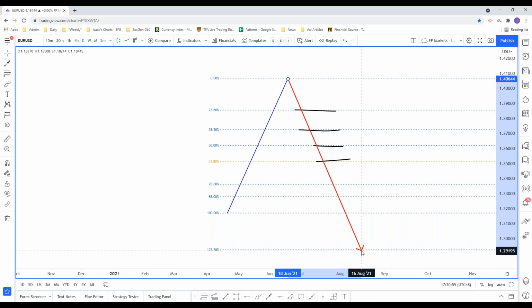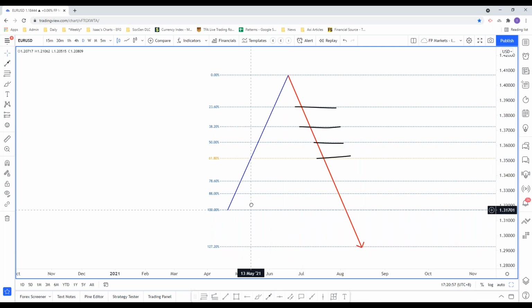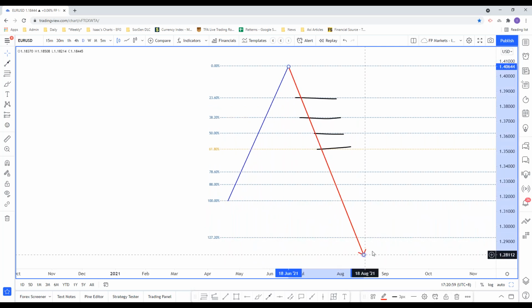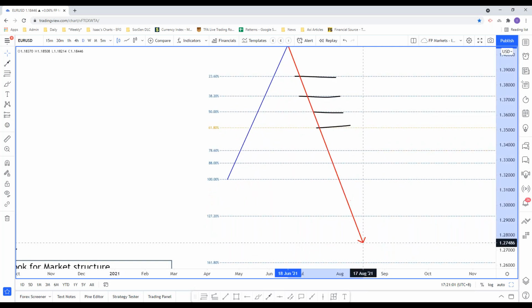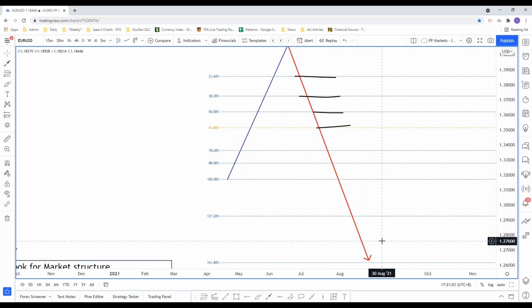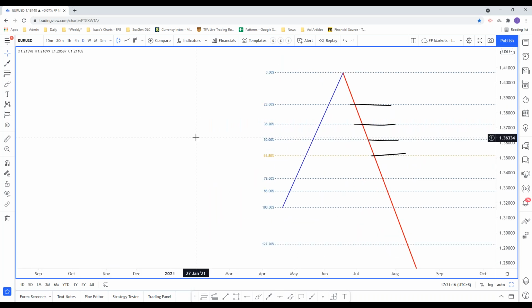When it reaches the 127.20 or even the 161.8, as you can see, this level here, we can safely say that price has overextended its retracement. So it has fallen into the Fibonacci extension part of the retracement tool. Are you guys clear with Fibonacci retracement extensions?